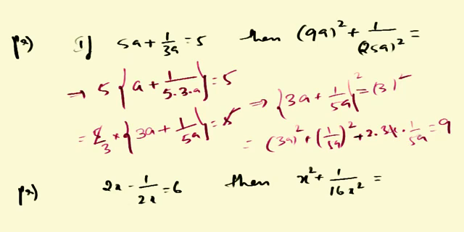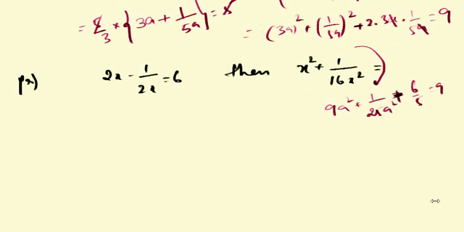So this a will cancel, and 2 3s are 6. So 9a square plus 1 by 25a square is nothing but 9 minus 6 by 5. Try to subtract so that you get the answer. What answer will you get?